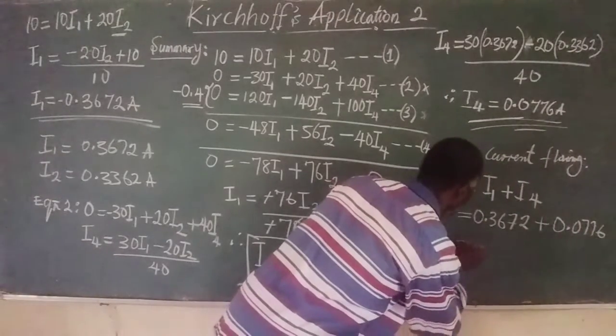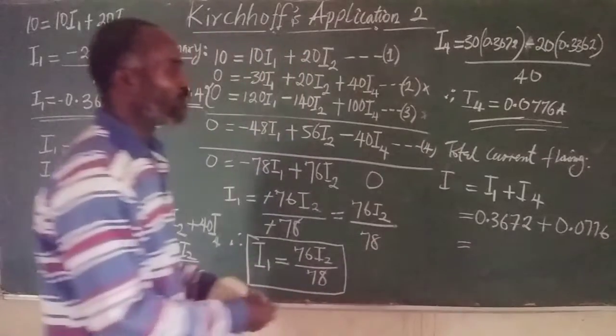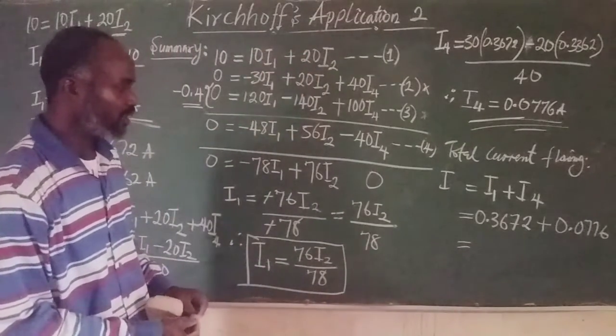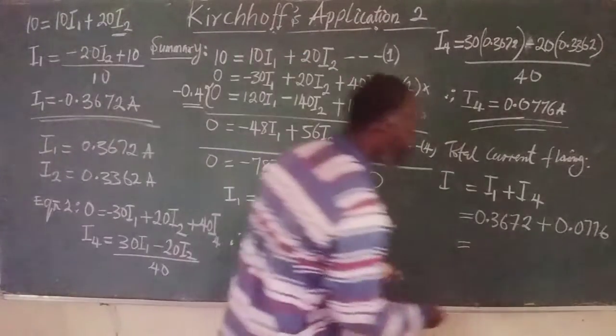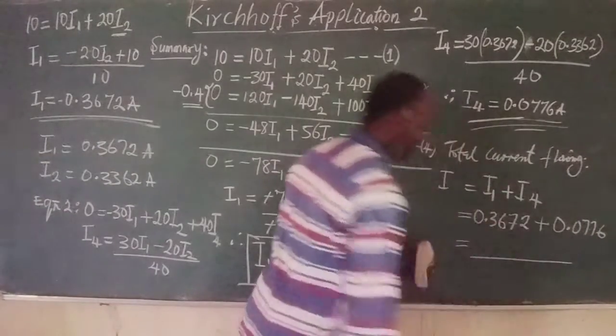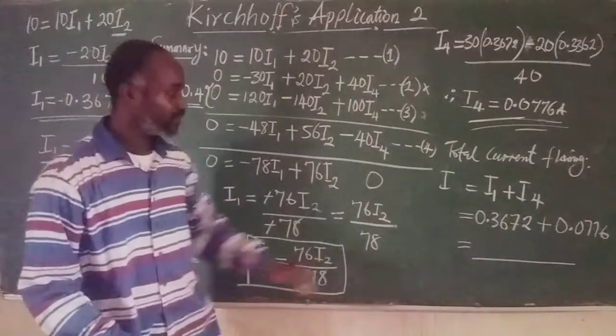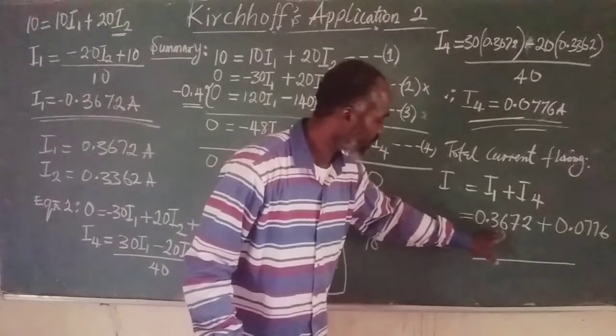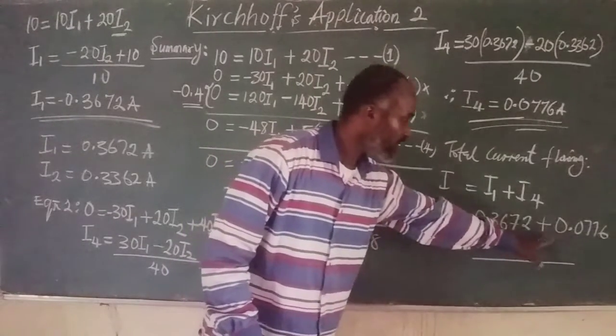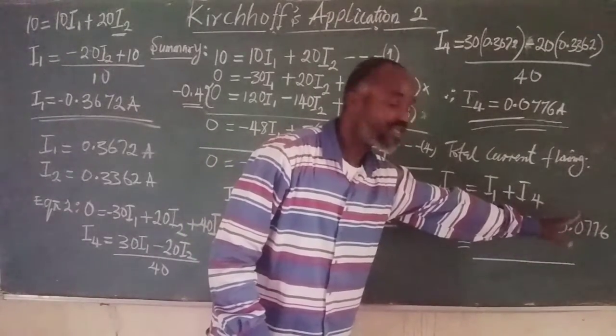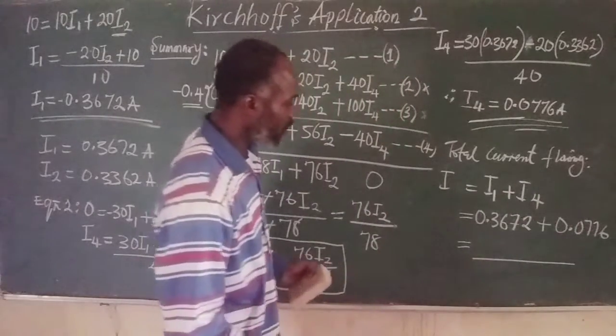So this is going to give us the value of the total current. It's very simple, and I want you to put on your calculator and just simplify this: 0.3672 plus 0.0776. So if we do that, what happens?